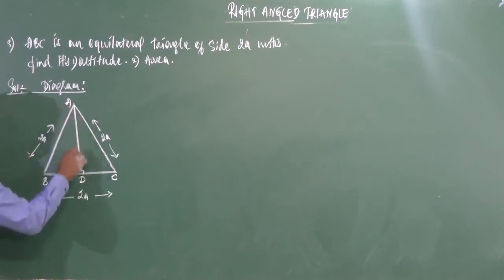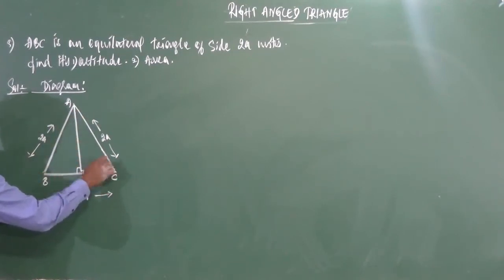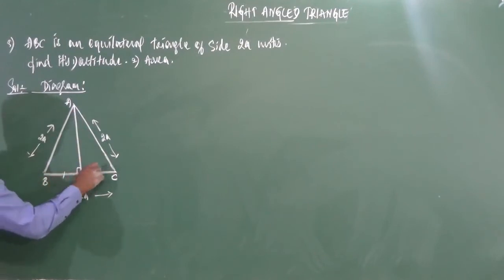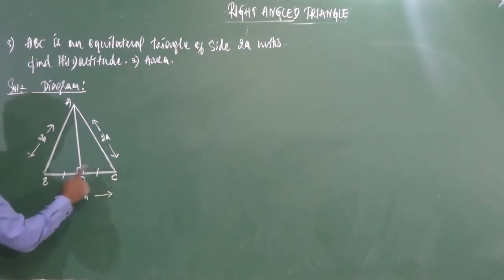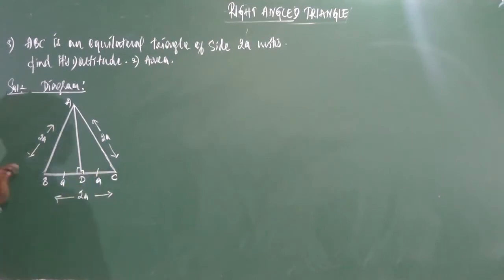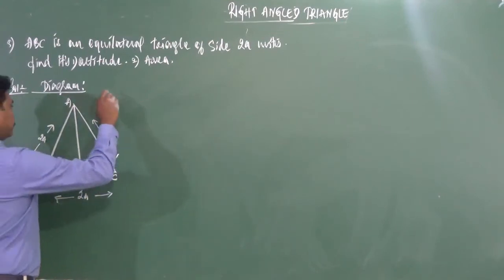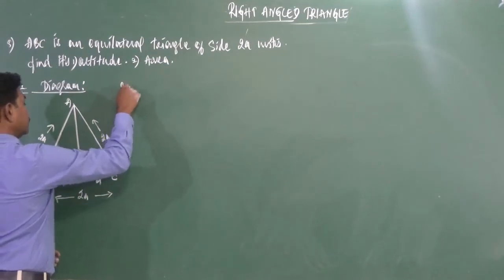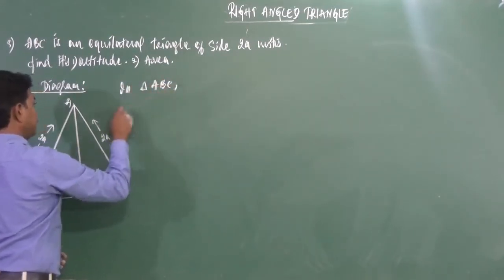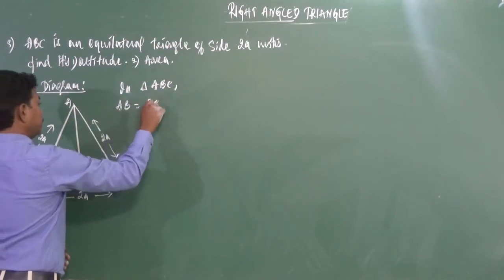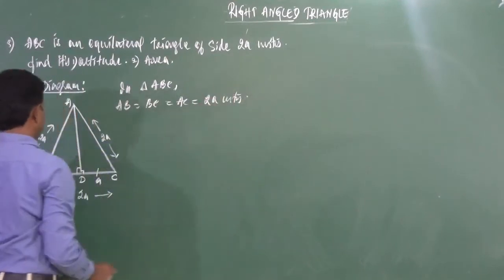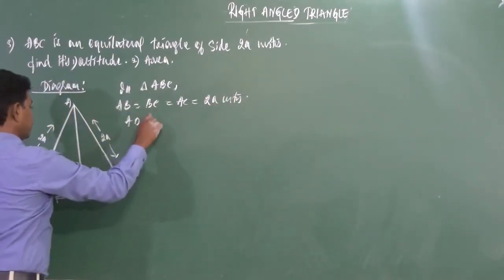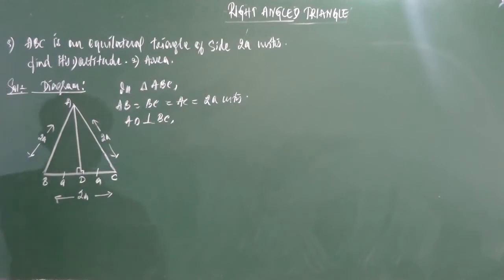So here, as AD is perpendicular to BC, it divides the base BC into two equal parts. BC is 2A, so as D is the midpoint of BC, BD will be A units and DC will be A units. Very simple. So in triangle ABC, AB is equal to BC is equal to AC is equal to 2A units, and AD is perpendicular to BC.